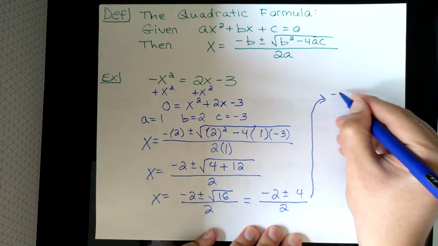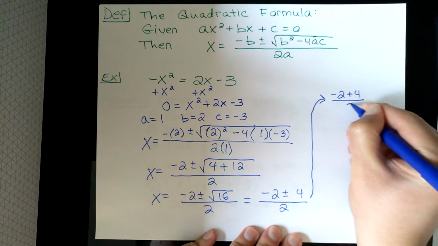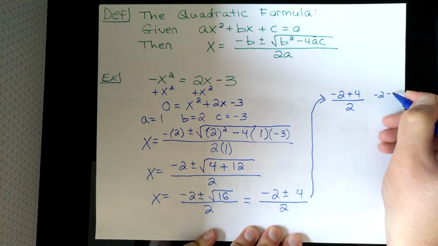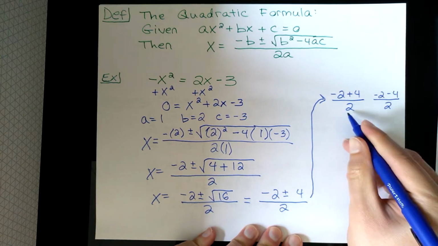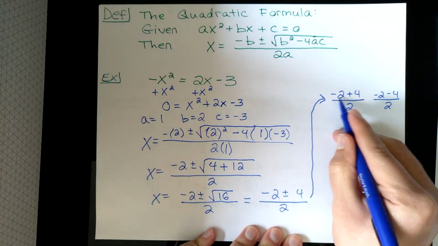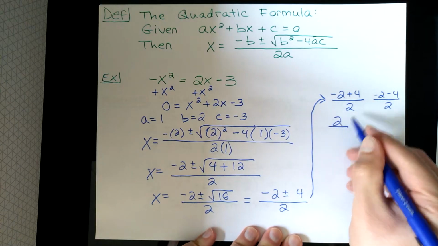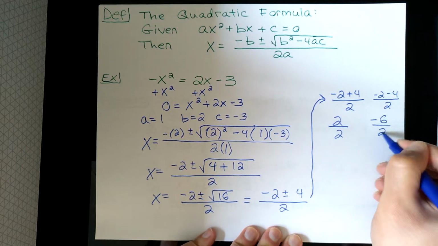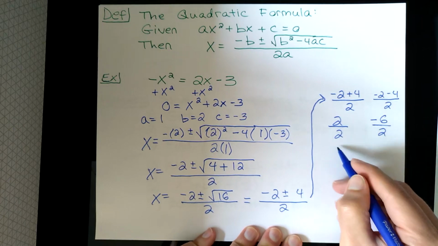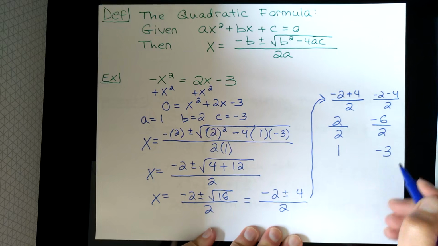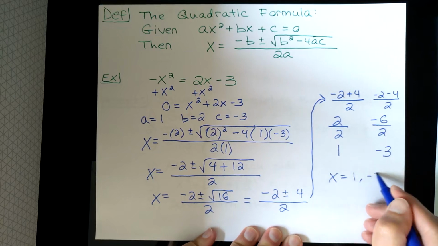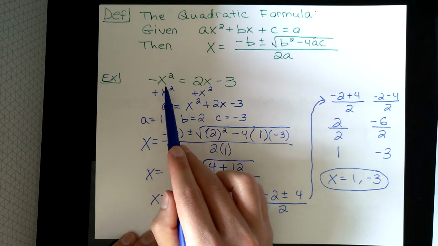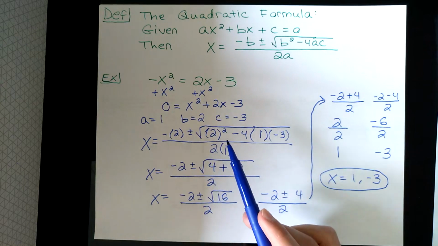We have -2 plus 4 over 2, and we also have -2 minus 4 over 2. X is equal to both of these values. So -2 plus 4 gives us positive 2 over 2, and -2 minus 4 gives us -6 over 2, which means x is equal to 1 and -3. Those are the 2 solutions to this original problem.